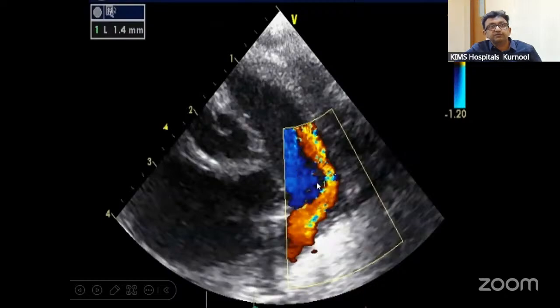We normally measure without the color. So measure the size and then put on the color to see the flow pattern. Here it is again red flow, which means the blood is flowing into the pulmonary artery, but there is slight turbulence. That's why the color is like this instead of being plain red like here. Right? So it indicates the turbulent flow, which means the duct is probably narrow.